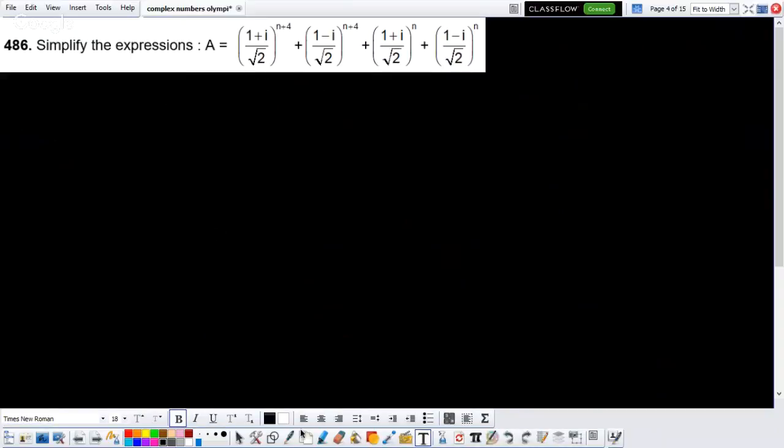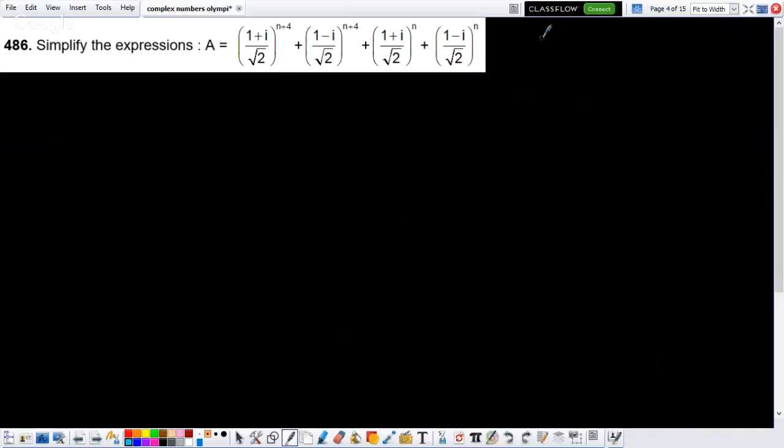Normally this is the complex number, but it is not in standard form. 1 plus i over root 2 will be written like 1 over root 2 plus i over root 2, or 1 over root 2 plus 1 over root 2 i, and this is the standard form of the complex number.